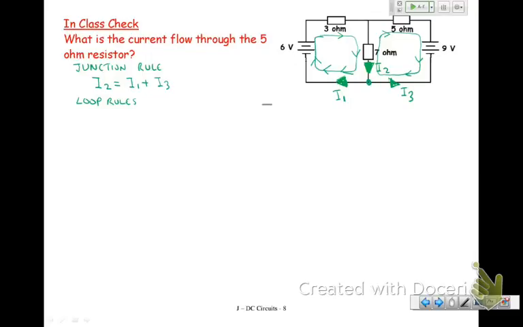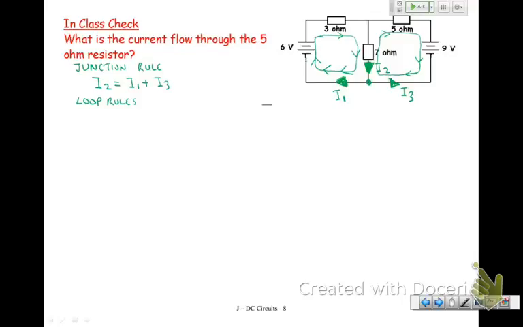You're going to look at that resistor, and the potential difference will be I times R. And what is the I through this resistor? What's it called? What have I called it? Look around your diagram. What have I called the current flowing through that?